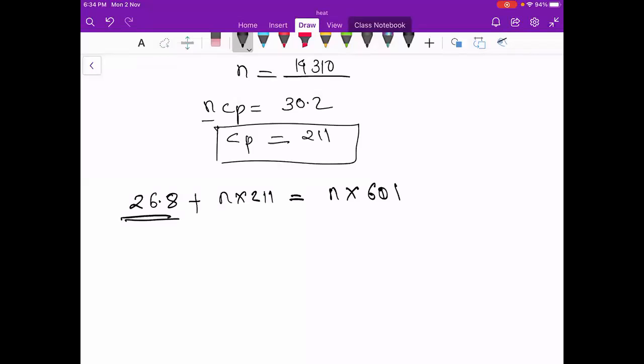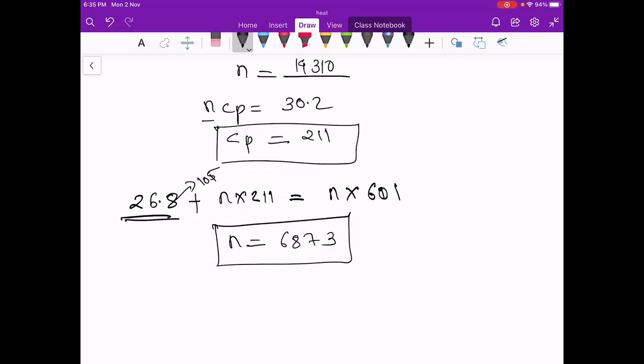It will be in lakh means 10 to the power 5. And how much N is coming? 6872. So correct answer will be 6873.